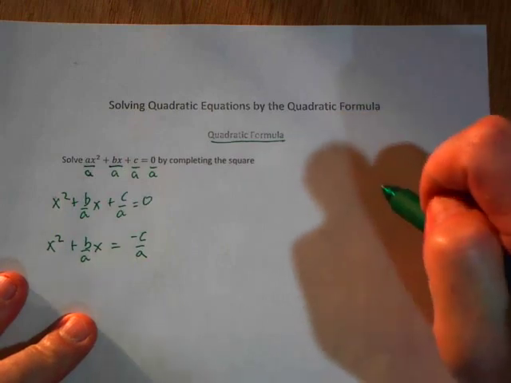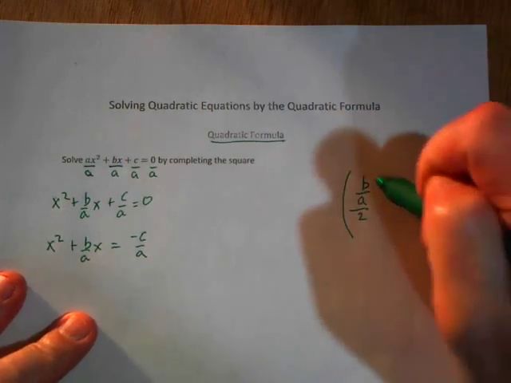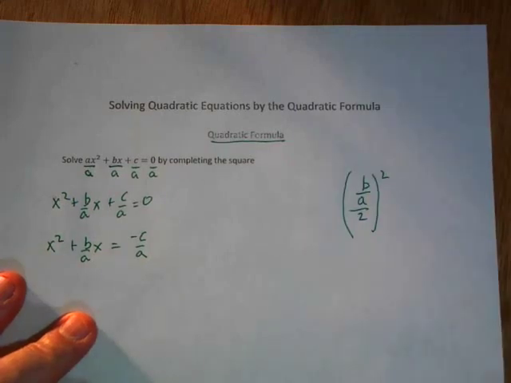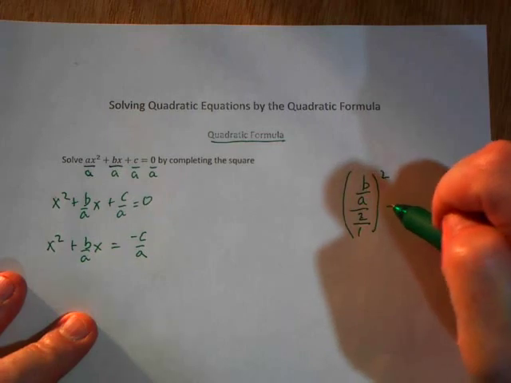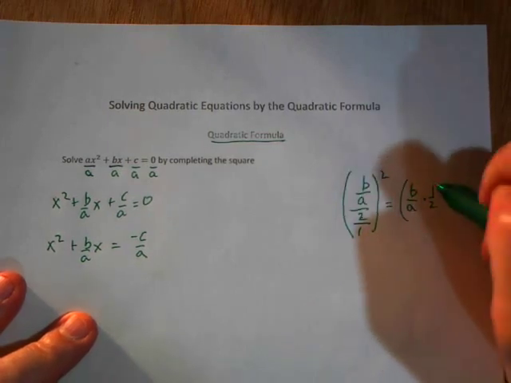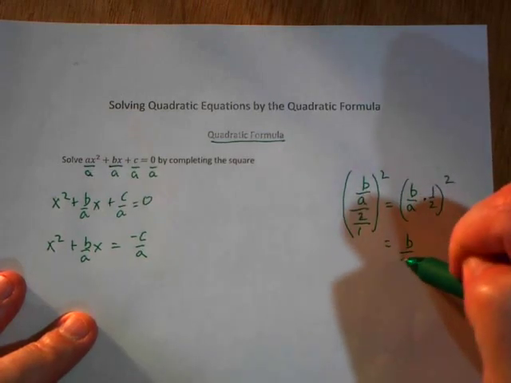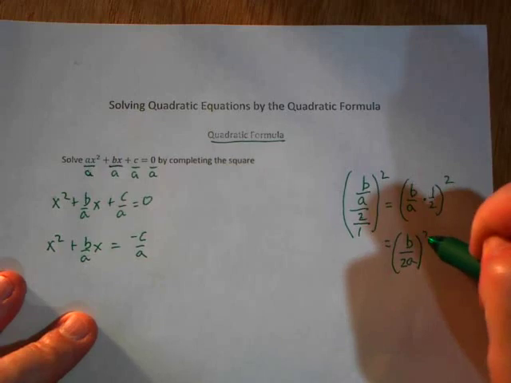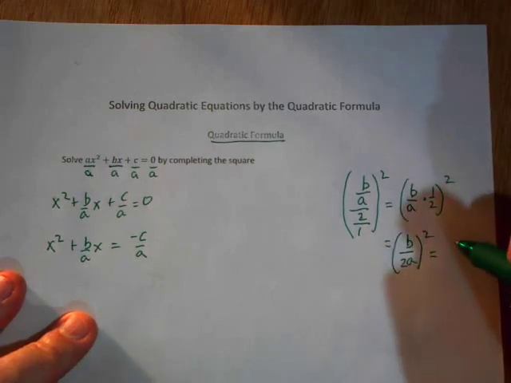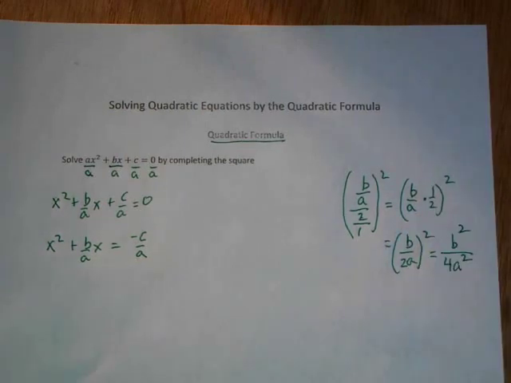So we come off to the side, we take b over a, we divide it by 2, and we square it. I'm going to think of 2 as a fraction, 2 over 1. I'm going to flip and multiply. So this is b over a times a half, squared. So that's b over 2a squared. When I square everything, I get b squared up on top, I get 4a squared down on bottom.